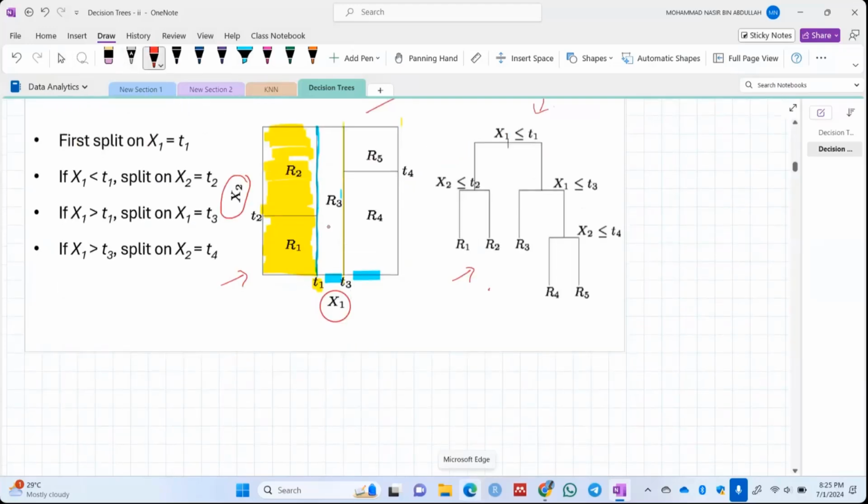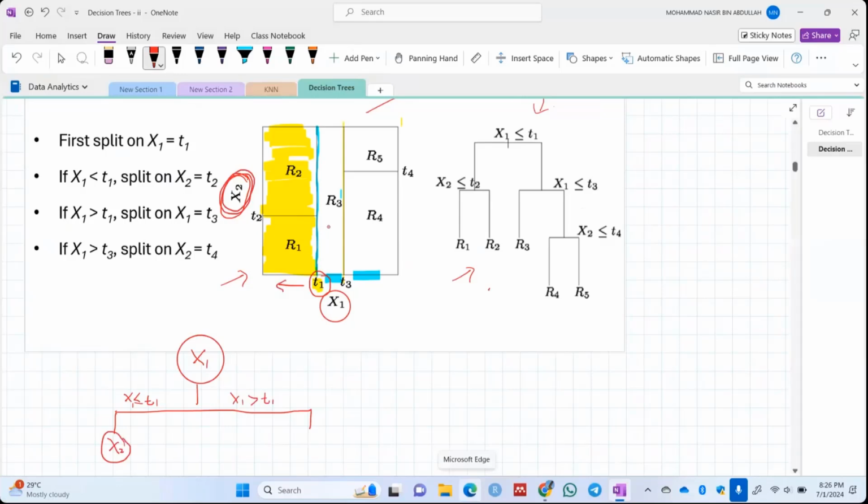First, let's say we take t1 as the separating value for x1. It can be split into two parts: x1 less than t1, and x1 more than t1. If x1 is less than t1, there are two separating regions based on x2.